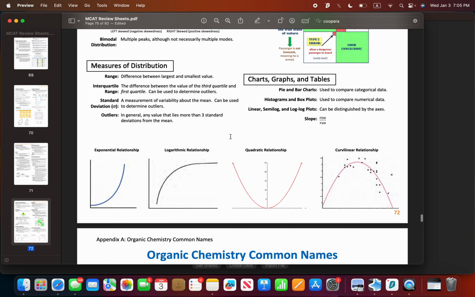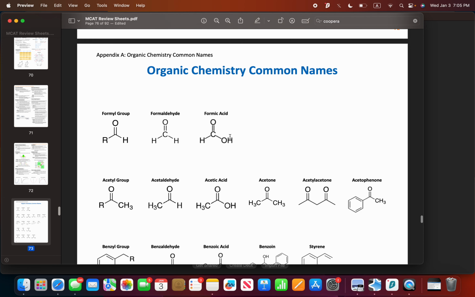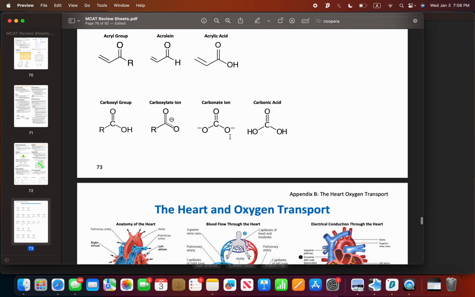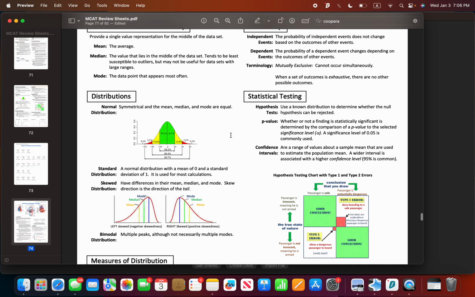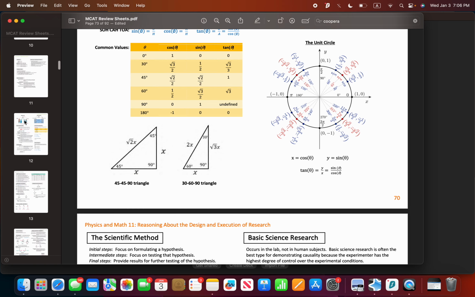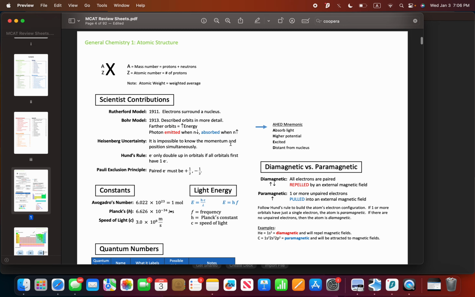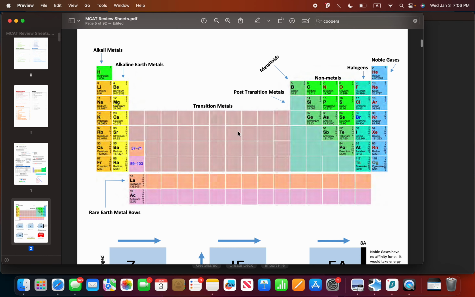We can get rid of these relatively easily. We have organic chemistry common names, and the only thing that I didn't cover at the start was the chemistry section.